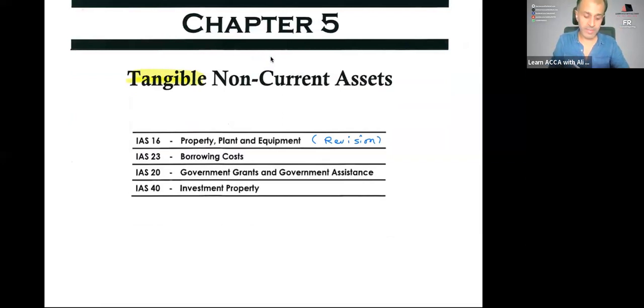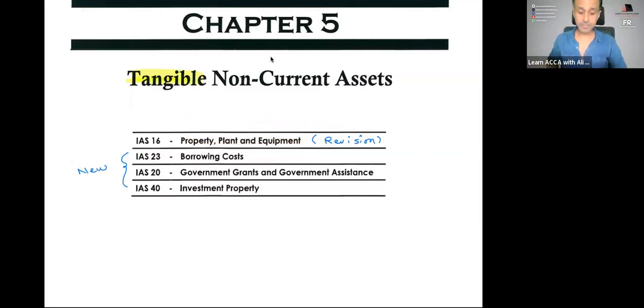But the next 3 topics, as you can see, are totally new. Never in your life have you previously studied them. Maybe for the very first time you have heard of borrowing costs, grants, investment property. But this topic you are associated with, and we are starting the course from that one first. So forget about the next 3, concentrate only on IAS 16.